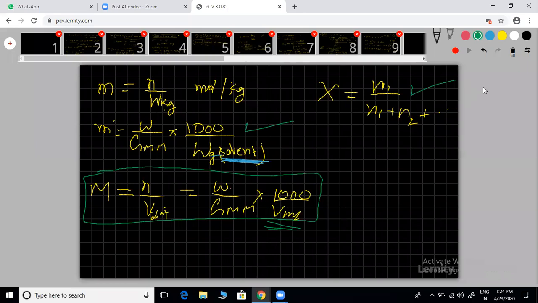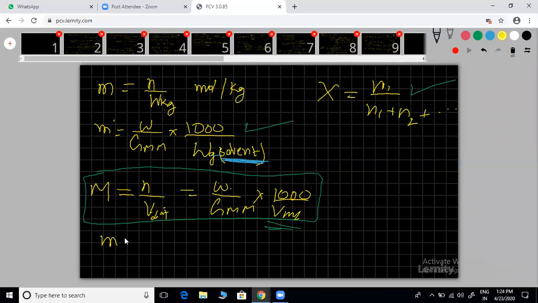So these are the things. And one more, from my point of view, the relation between molality and mole fraction. Based on this, we have a question from 2019. One more question can also be solved. Both questions we are going to do. Relationship between molality and mole fraction, this I am expecting.